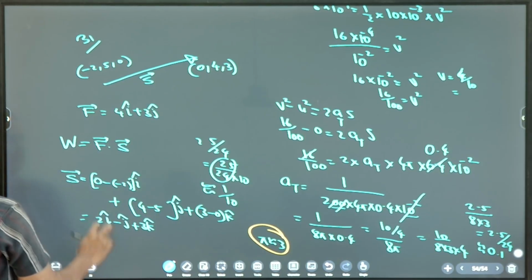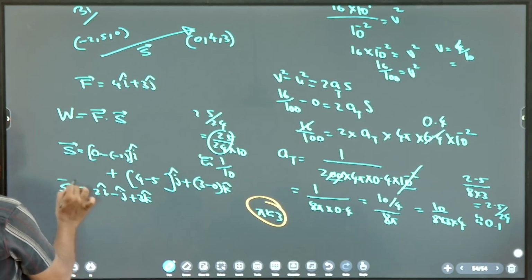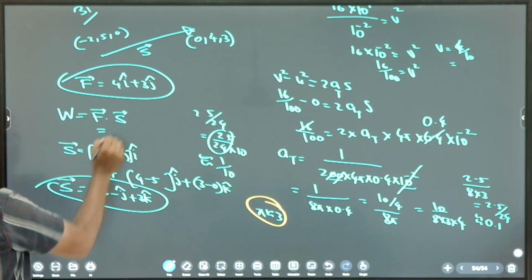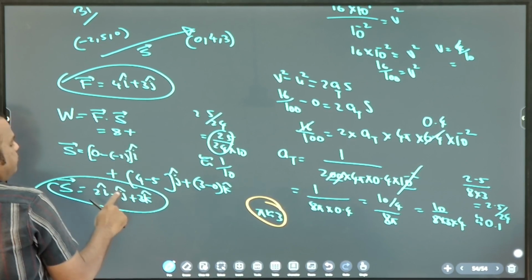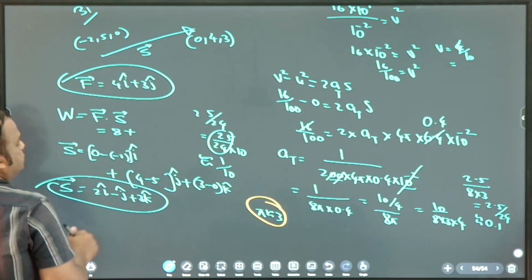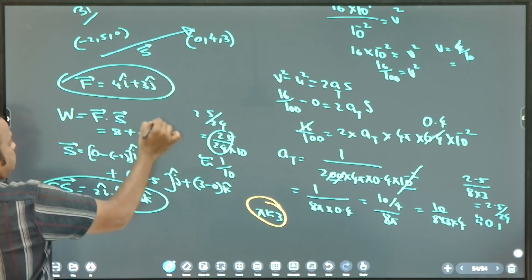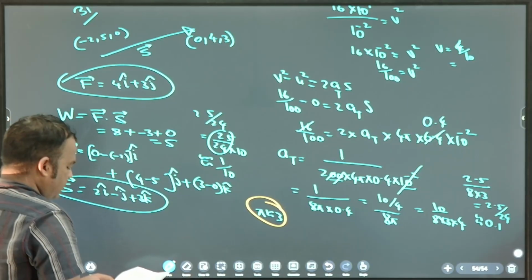Okay, S vector you got. Now force vector is this. So dot product you have to consider, force dot S. So dot product will be A1 A2 which is 8, plus B1 B2, so minus 3, plus C1 C2, 0. So this will be 5 joule. Okay, note down, 5 joule.